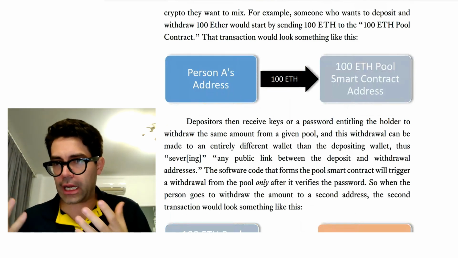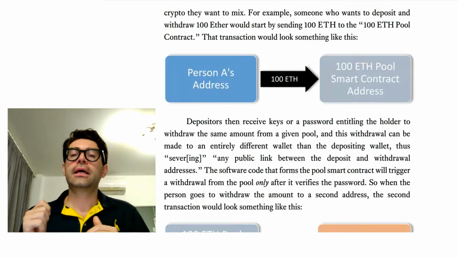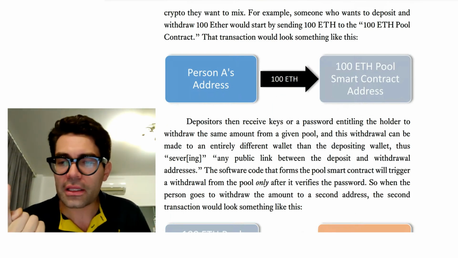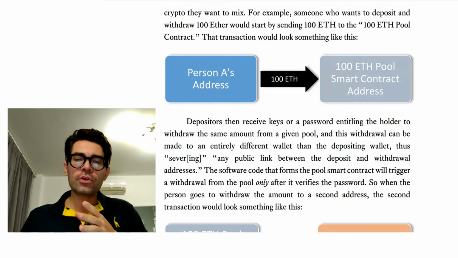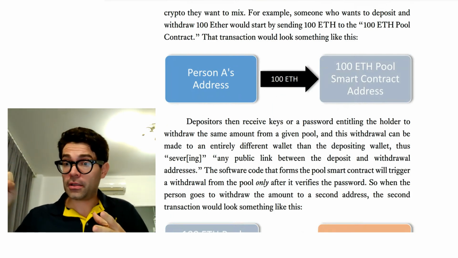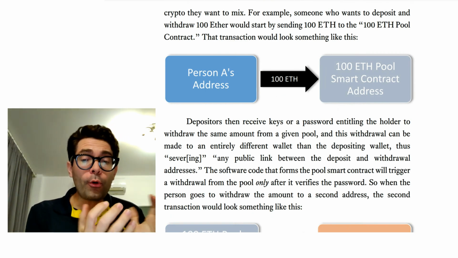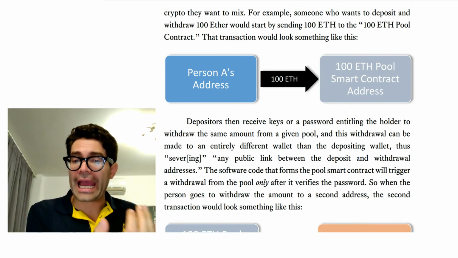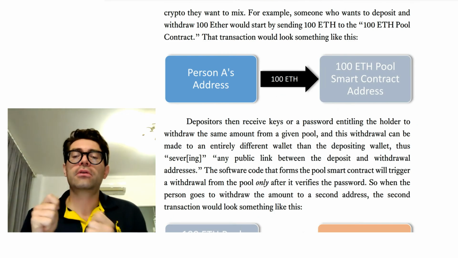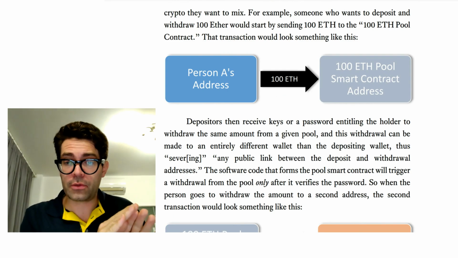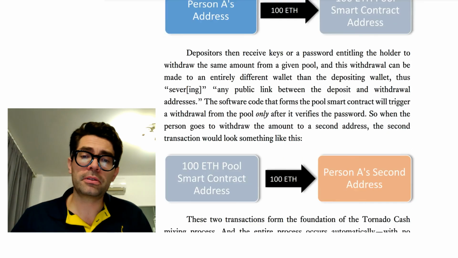How does Tornado Cash work? In principle, let's say you want to send 100 Ethereum or just one Ethereum, it doesn't matter. What you do is send from your wallet 100 ETH to a pool of smart contract addresses. That's normal.